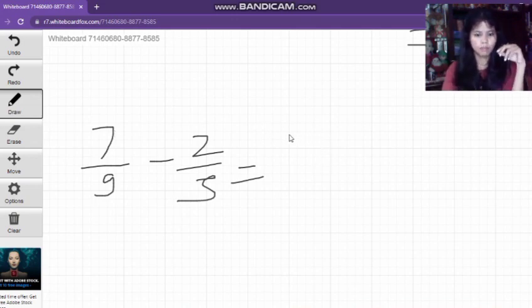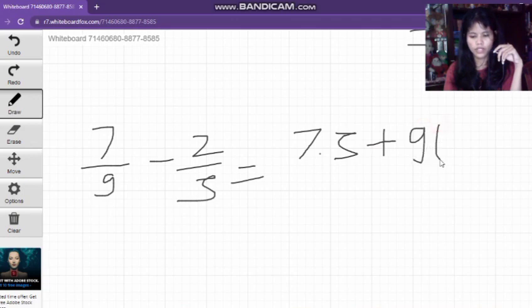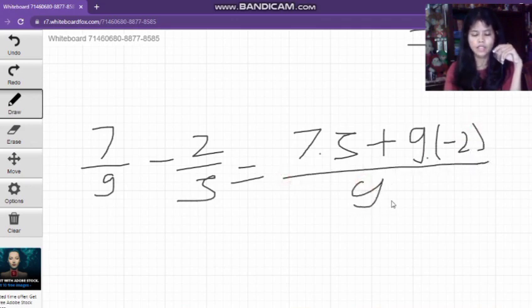Like this: 7 multiplied by 5 plus 9 multiplied by minus 2, over 9 multiplied by 5.